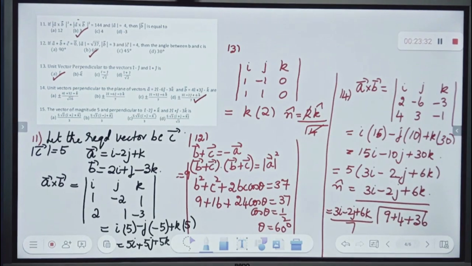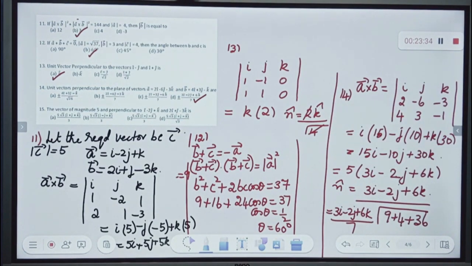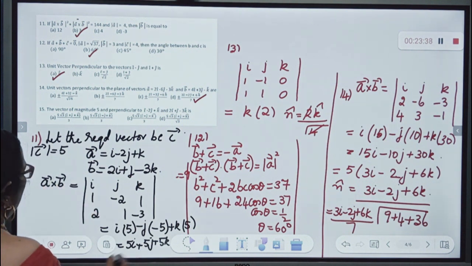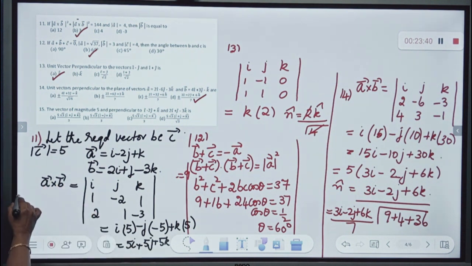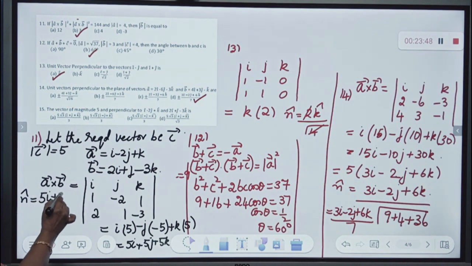Now what are they asked? They have asked you to find a vector of magnitude 5 and perpendicular to these vectors. So first of all, this is A cross B. Now n cap will be obtained by dividing it by the magnitude. So 5i plus 5j plus 5k divided by root of 5 square, which is 25 plus 25 plus 25, 75, root 75.